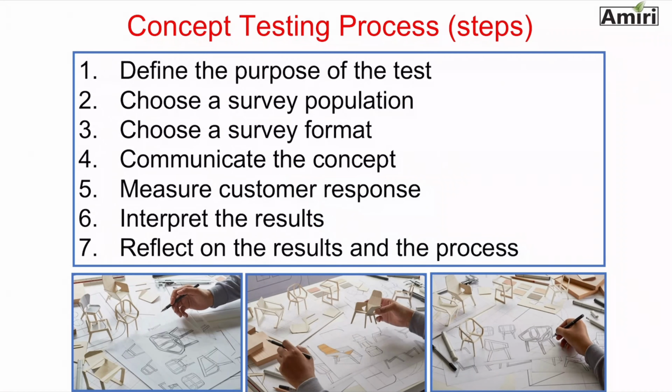Once you do that, you choose a survey population. You figure out what format survey you would like to do. Then you decide how to communicate the concepts to that chosen population, and collect their responses, measure their responses, interpret the results of it, and reflect on the whole process and go back to your purpose of the test and figure out what was achieved, and if that's something you want to do, or if there is anything in the process that you would like to go back and change.